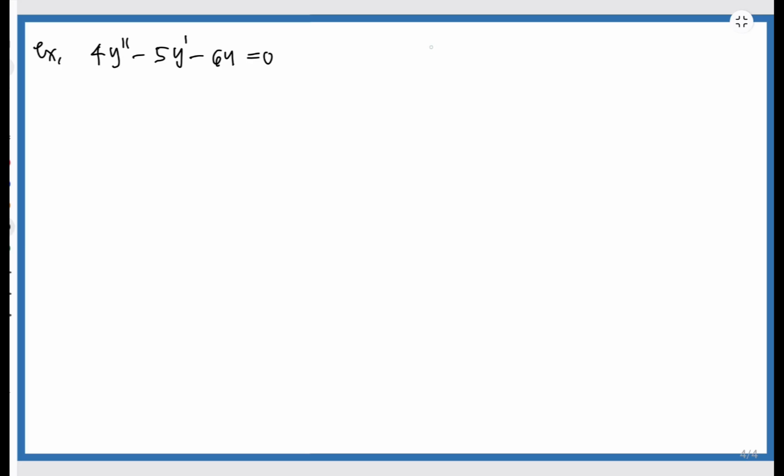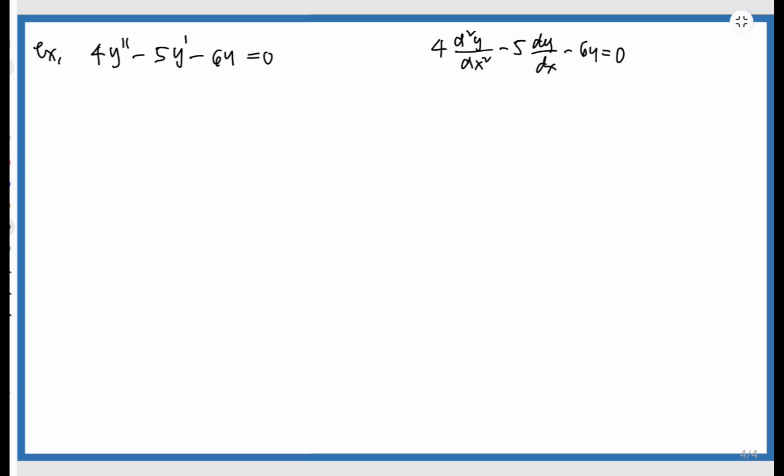Note that it can also be written as 4 times the second derivative of y minus 5 times the first derivative of y minus 6y equals 0. But we prefer this notation. It's clean and concise.